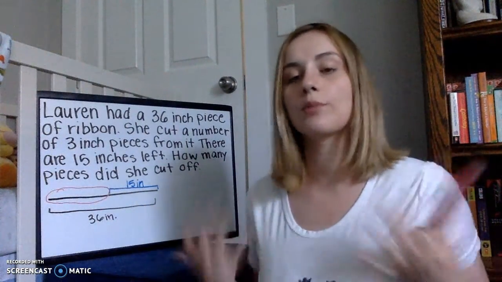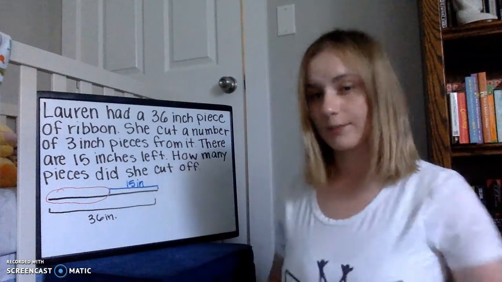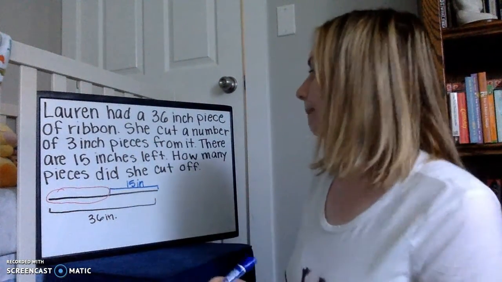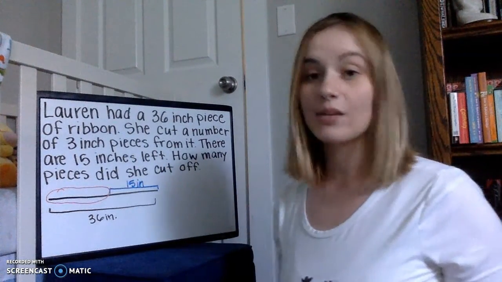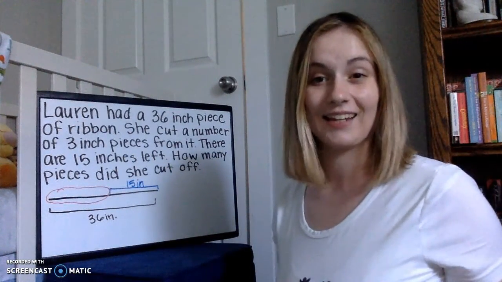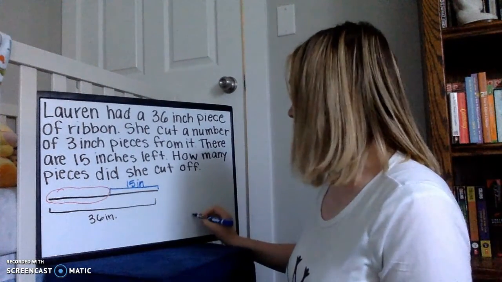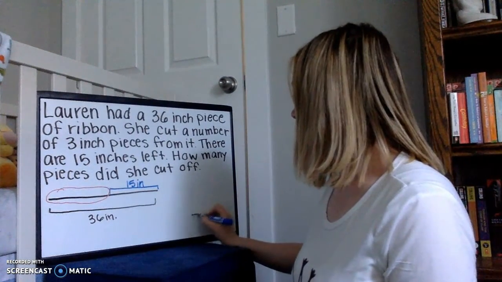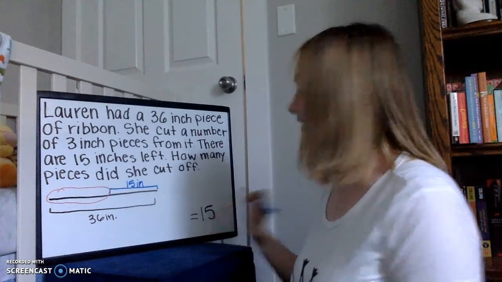Now that I understand what the problem is saying, let's see if I can write an equation to go with it. Now, there are 15 inches left. That sounds to me like the end of a problem. So what is left? That means it equals 15. There are 15 inches left.